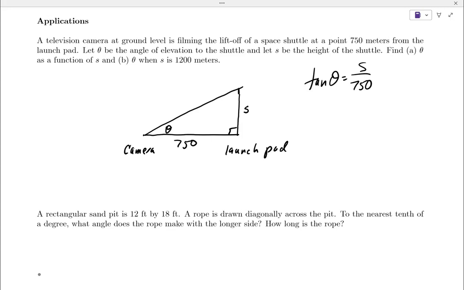That's what it means to be a function of s. It means that the theta is all by itself. What do I need to do to that equation to put theta all by itself? Do the inverse tangent of both sides. That's exactly right. So rewriting this with inverse functions, this is what the problem is asking you for.